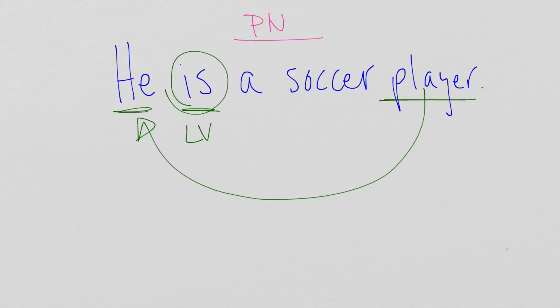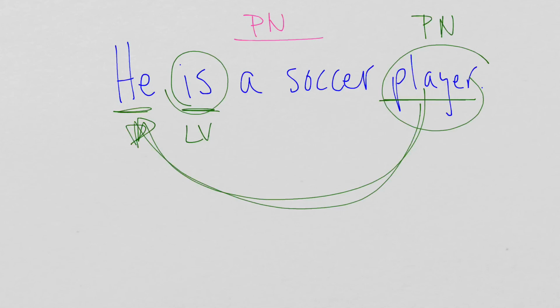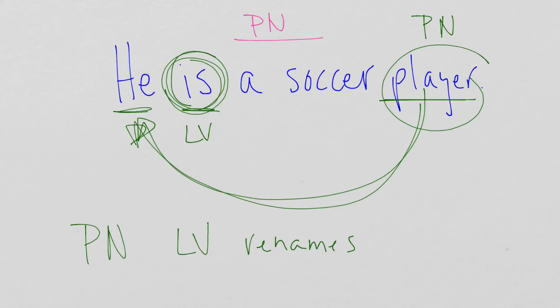I see this is sort of funny here. He is a player. Okay, well, you get the idea. Player is the predicate noun because it renames the subject, he, and it's a noun that follows the linking verb. So a predicate noun is a noun that comes after a linking verb and renames the subject.